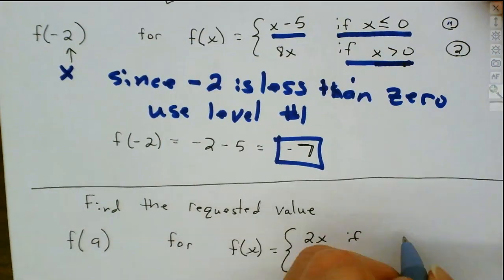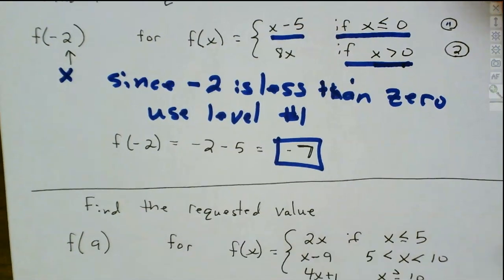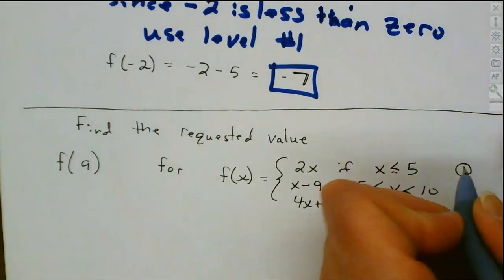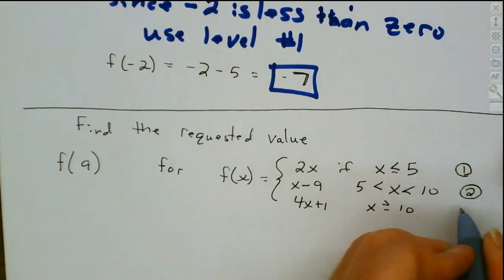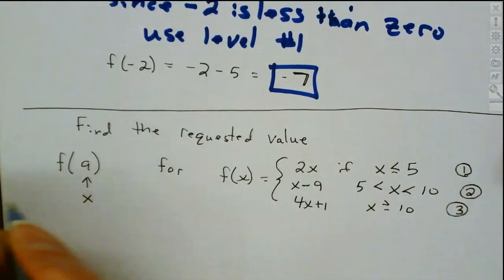Let's say if x is less than or equal to 5. This one will be if x is between 5 and 10. And this one will be for x greater than or equal to 10. Okay, now, here's my levels. And let's talk about each level and what values go with it.